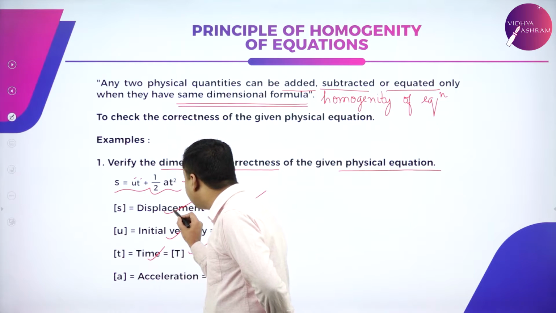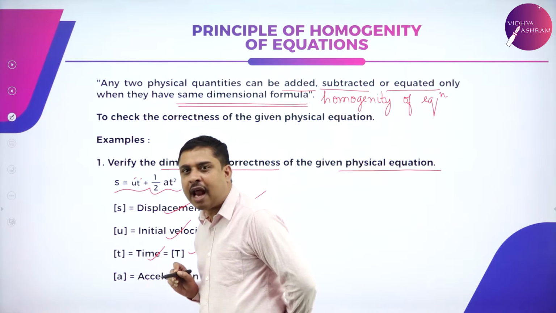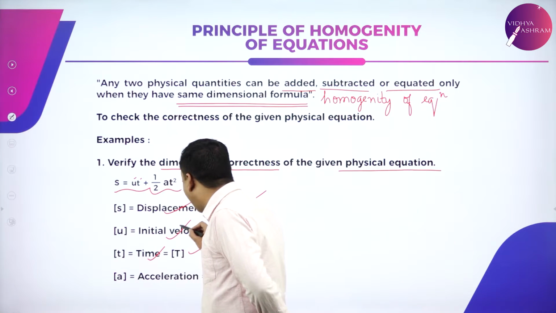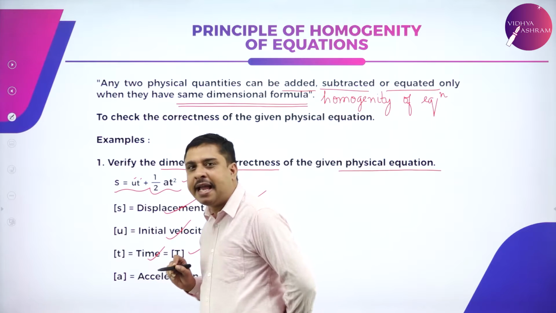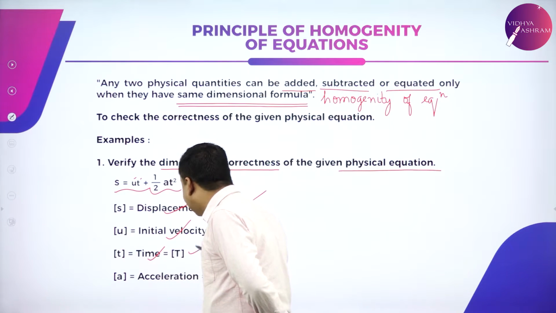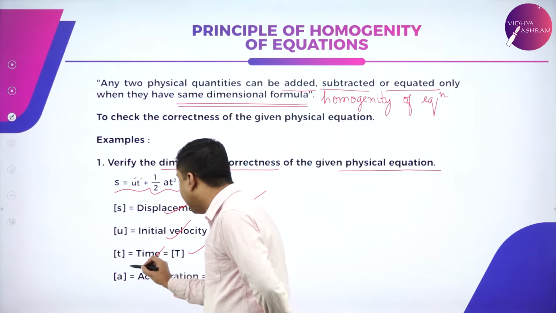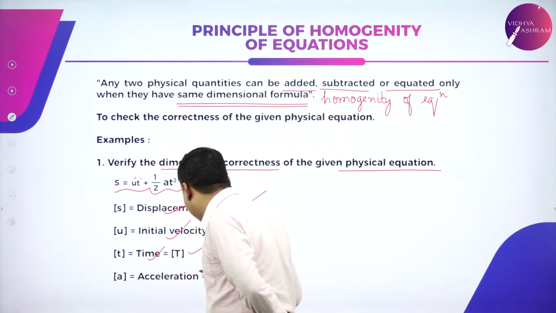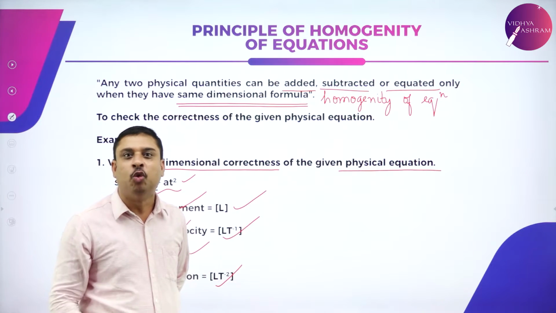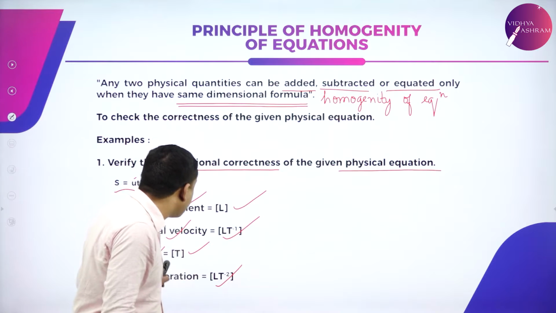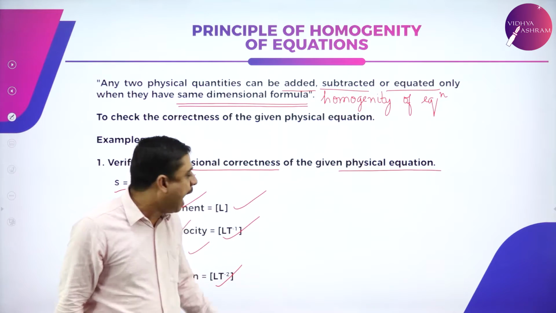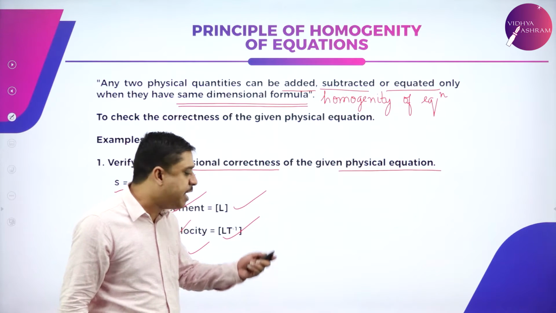S, displacement formula is L. U, initial velocity LT minus 1. T, time, capital T. A, acceleration LT minus 2. So I have given you the explanation of terms in the formula and their respective dimensions.